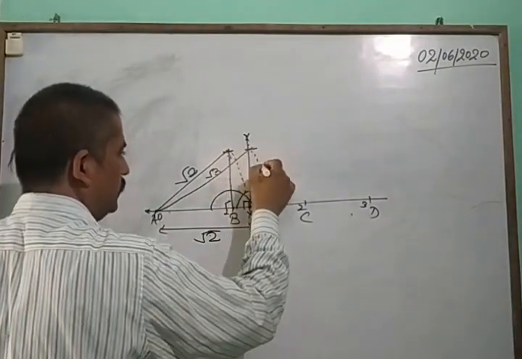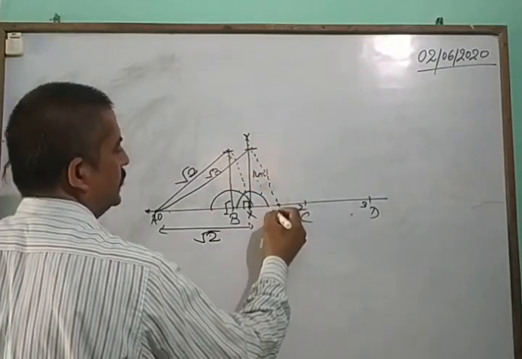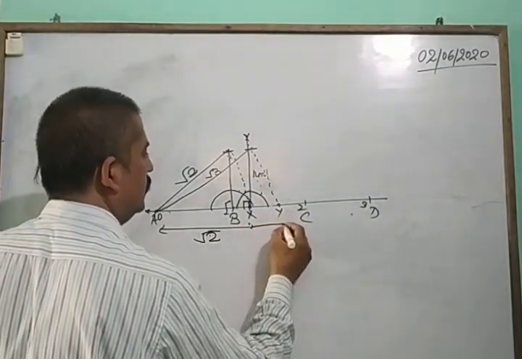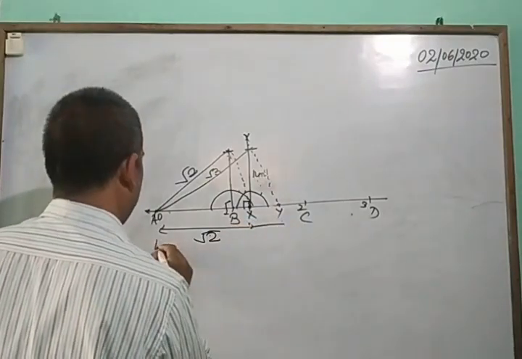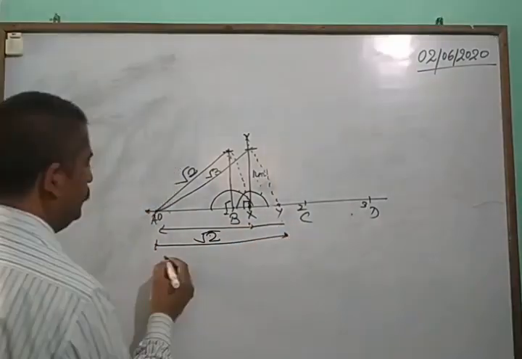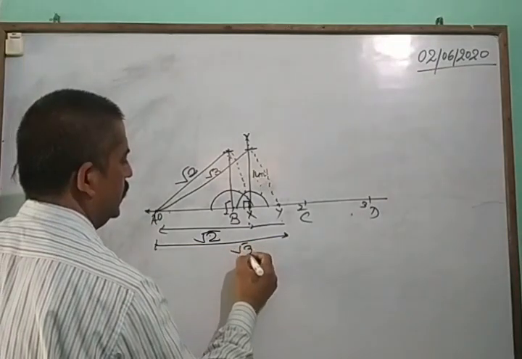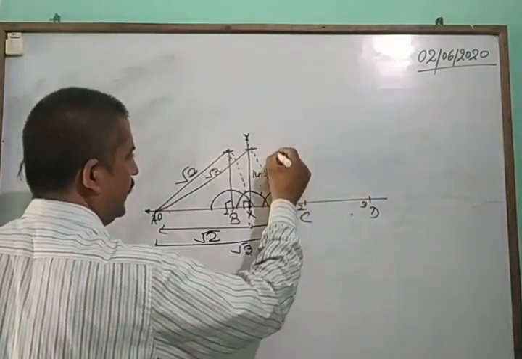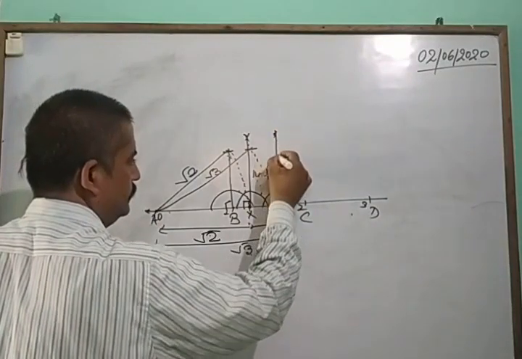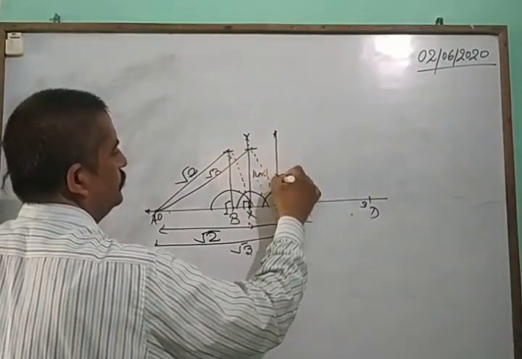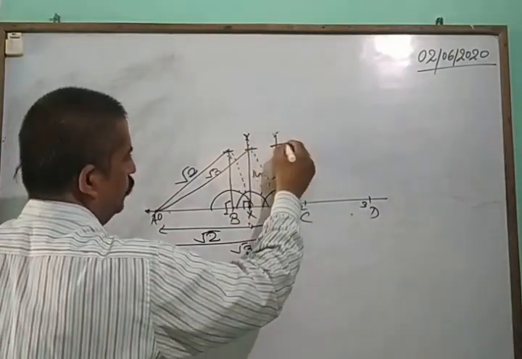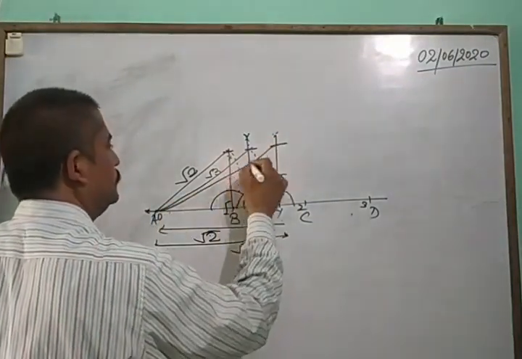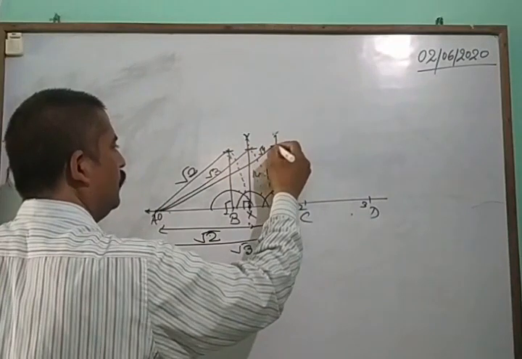If we draw, that is Y, the root 3. Again make a right angle. Take the 1 unit, that is the root 4.